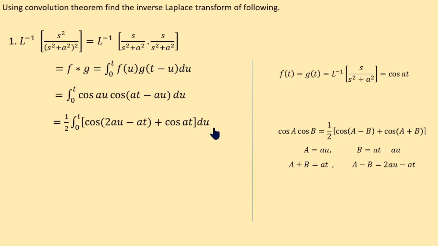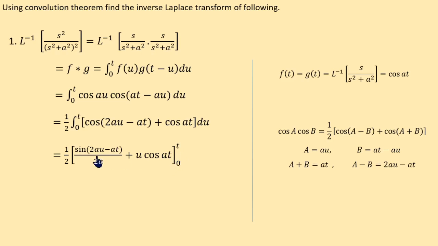Integration of constant with respect to u is u into that constant, and hence half into sin theta, theta means 2 a u minus a t, divided by coefficient of u which is 2a, plus constant into u, cos a t, and limit for u, upper limit is t, lower limit is 0.